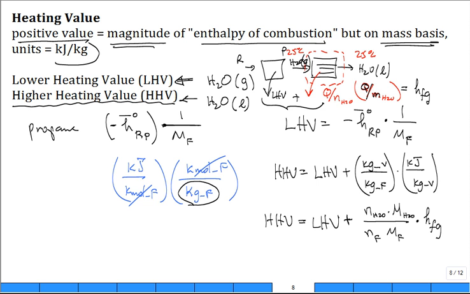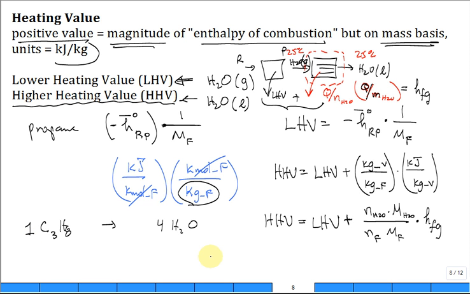So if we come back to the propane, you say, okay, what was my balanced equation again for the propane? You do it so many times you kind of get tired of it, right? C3H8, and it went to how many H2Os? 4. So for every mole of fuel, I have 4 water vapors.